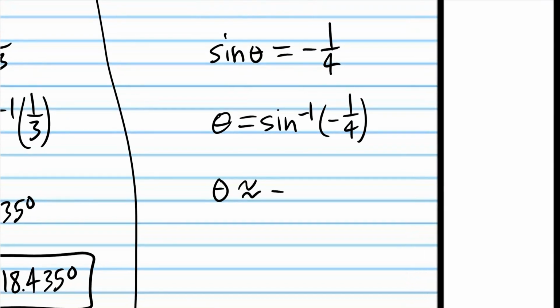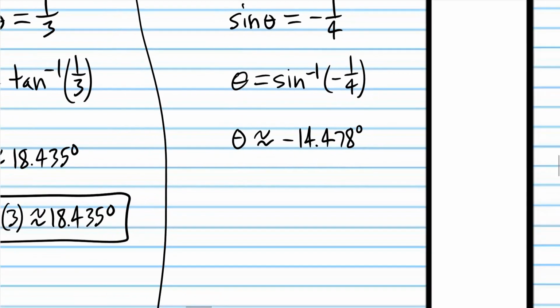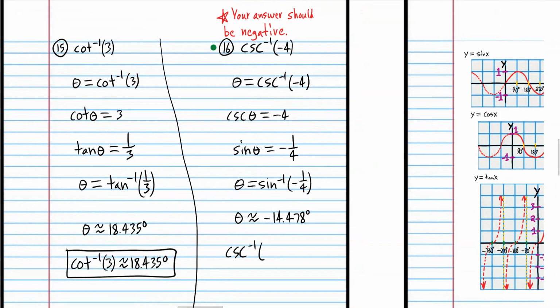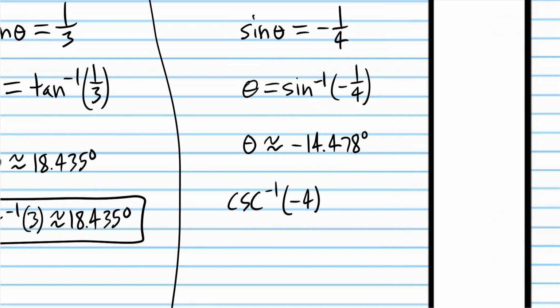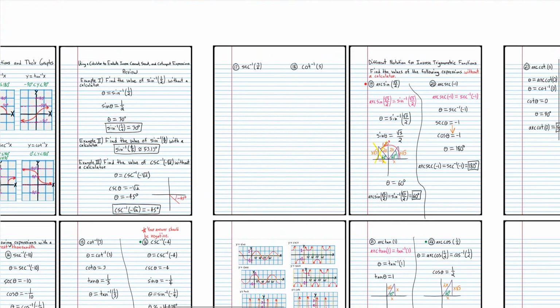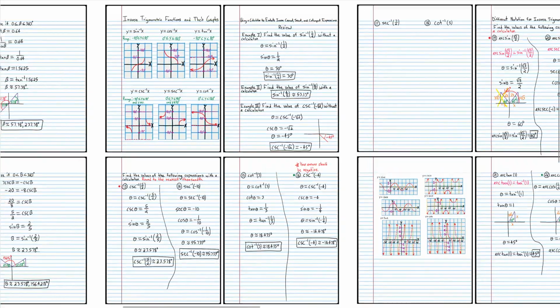And we get -14.478 degrees. And for the final solution, cosecant inverse of -4 is approximately equal to -14.478 degrees. And there you go. So if you got that one right, good job.